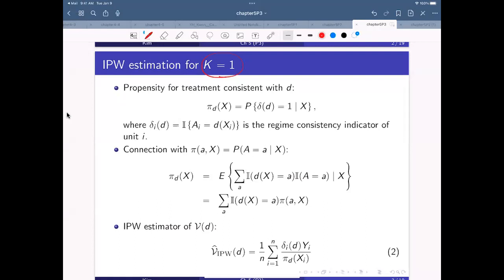So delta is basically an indicator, 0 or 1, and then all you have to do is compute the conditional expectation of this guy, the conditional expectation of delta.